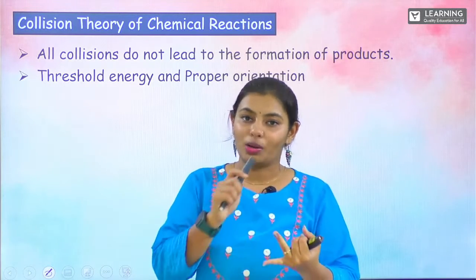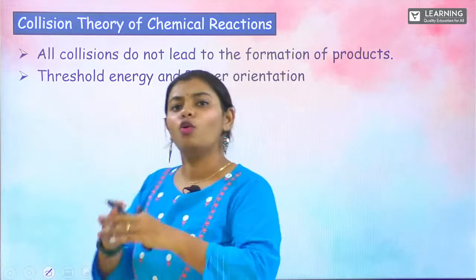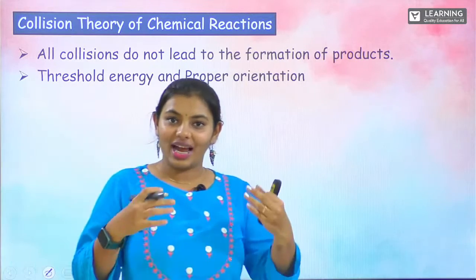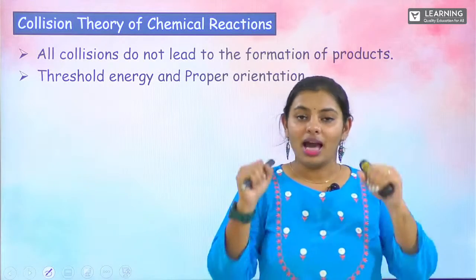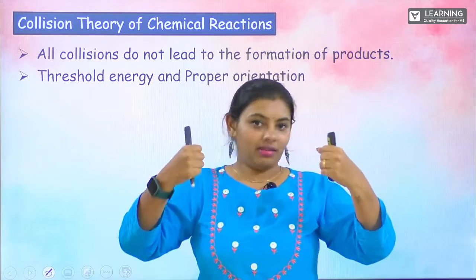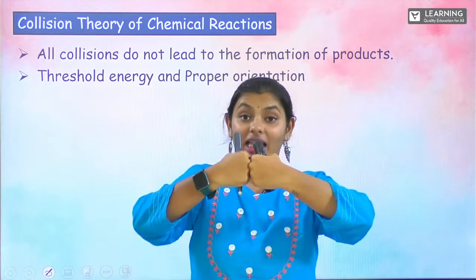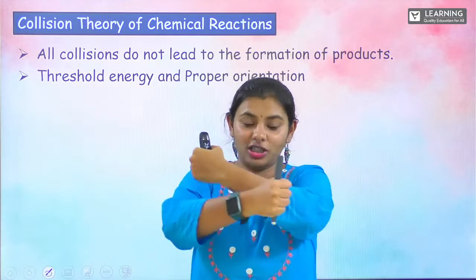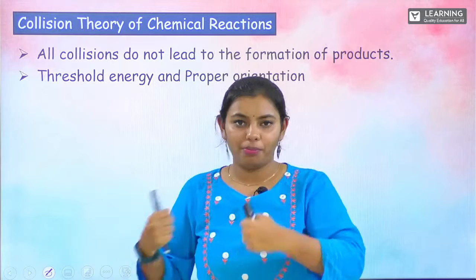Along with this, there's one more factor, which is proper orientation. The orientation of the reactant molecules which collide should be proper. What do we mean by that? As I told you, if the collisions are taking place like this, then it is effective. If the collisions are just touching and moving away, they have good energy, they come, they collide, they form the product.